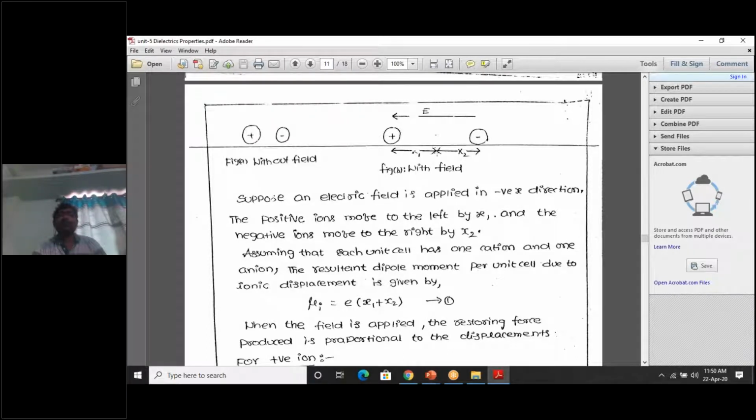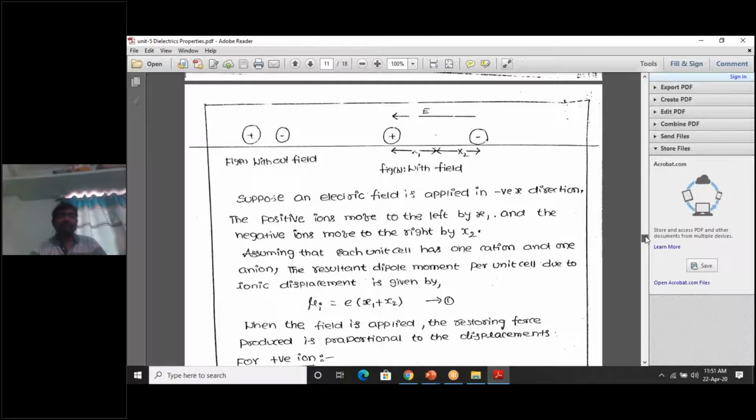What is that distance? X1 plus X2. The positive charge got displaced by X1 from the center, and the negative charge got displaced by a distance X2. So the total distance of separation is X1 plus X2 due to the application of electric field. So the dipole moment is E into X1 plus X2.